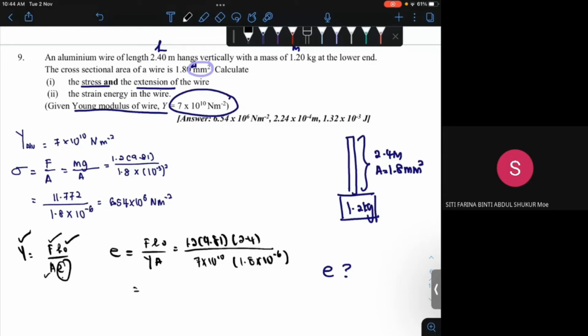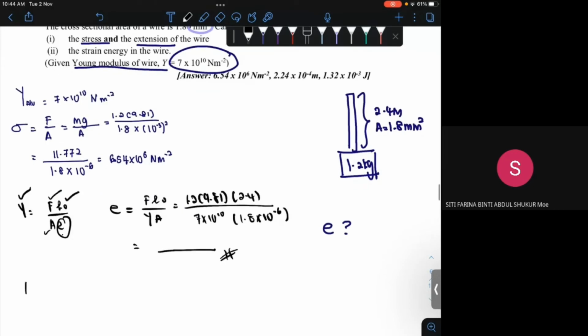Tekan-tekan calculator, dapatlah elongation kamu. And then finally, strain energy U is half over to F E. F, mg, E dah cari dekat soalan tadi. Bolehlah masukkan E tadi. Maka dapatlah jawapannya.